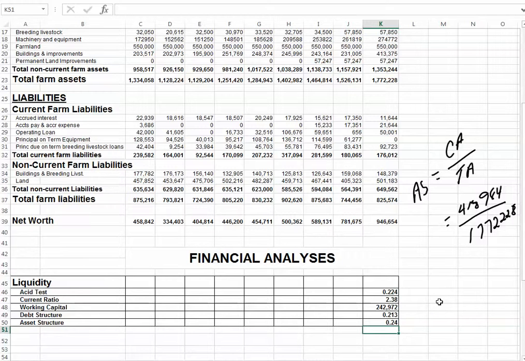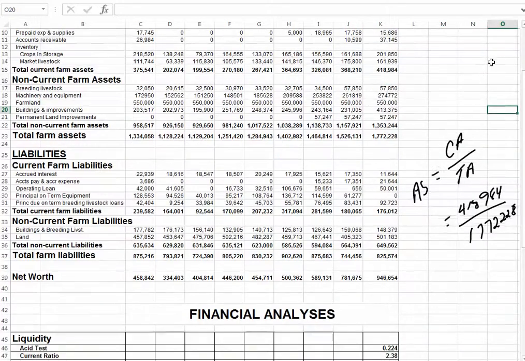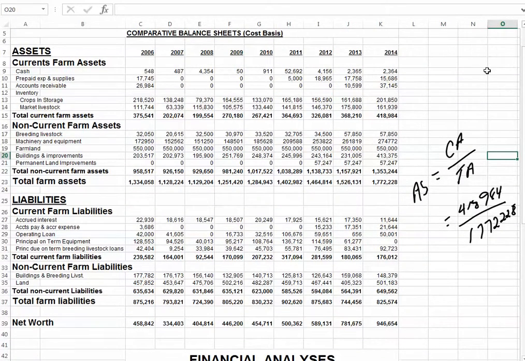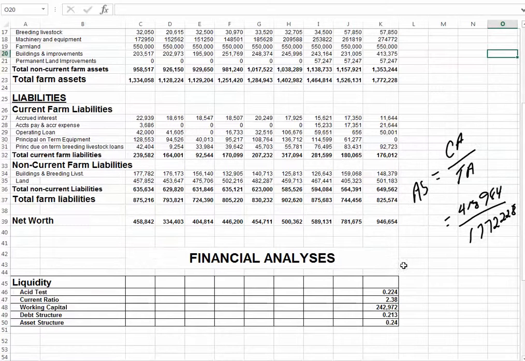The other thing that can make that asset structure small is that if you have crops in storage and market livestock, if prices are down for those types of items, in other words, if the price of corn and soybeans in storage are low, if the price of steers and heifers were low, it would also make that asset structure low. If that asset structure is a large number, that's also a bit of a hint as to the characteristics of the farm.